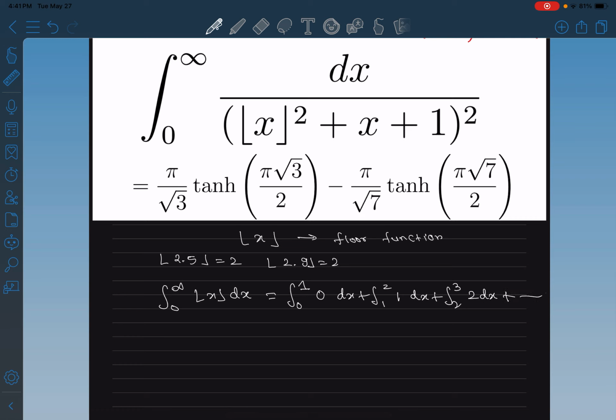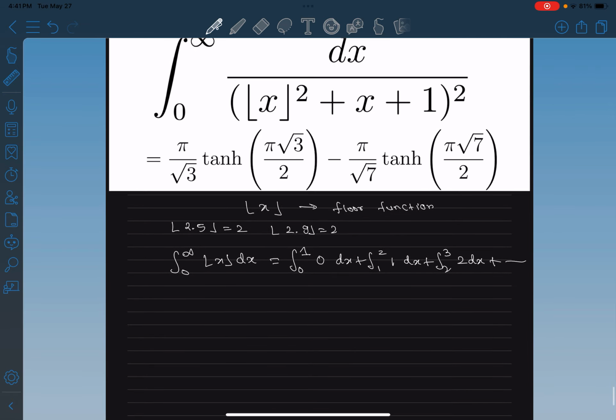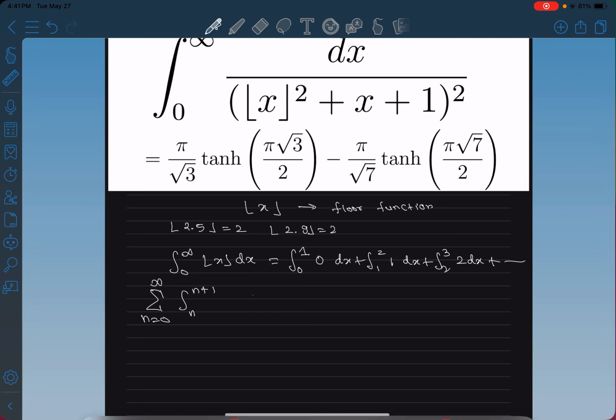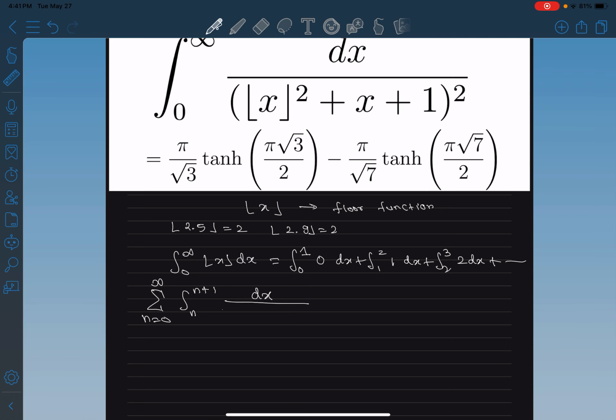So you see, this is the trick we apply. But here as well, we write this integral as the sum from n equals 0 to infinity of integrals from n to n plus 1, right? And when x is between n and n plus 1, I can actually write the floor as just n, because in between n and n plus 1, the floor is always n.